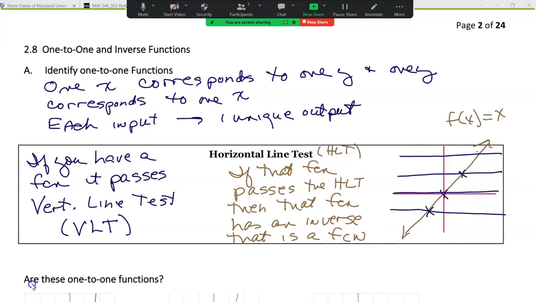Yes. I know it had to pass the vertical line test. See here my vertical lines, because that's a parent function. It's not a parent relation. So therefore, it already passes the vertical line test. So the line is an example of a one-to-one function. So if you pass the vertical line test and the horizontal line test, then you are a one-to-one function. Okay?